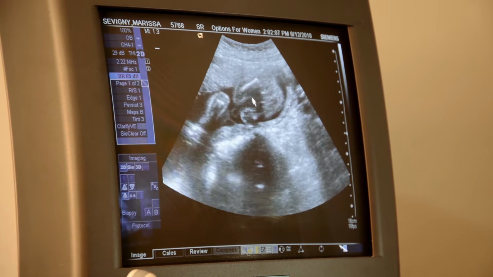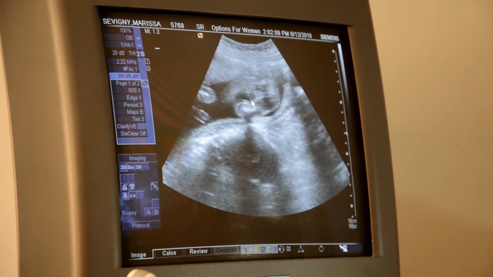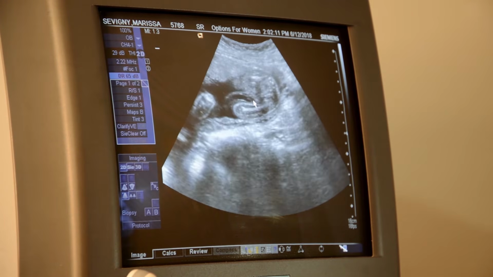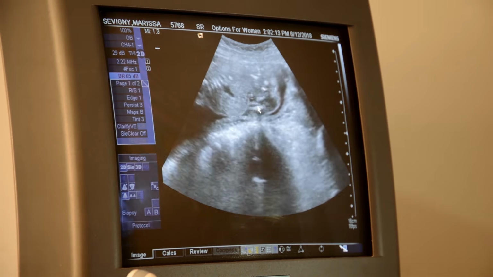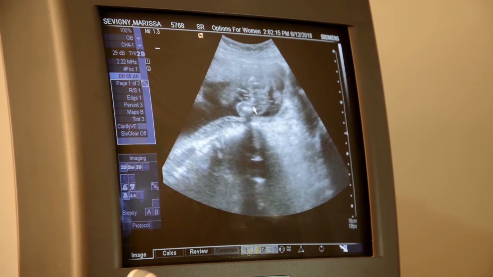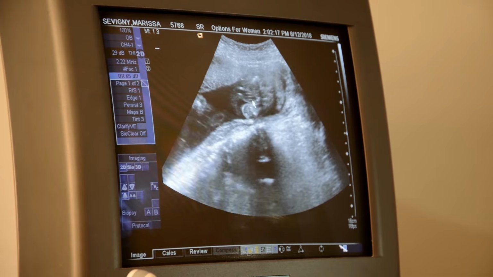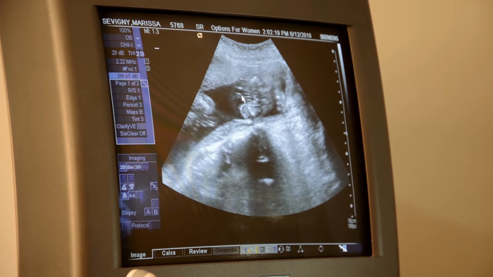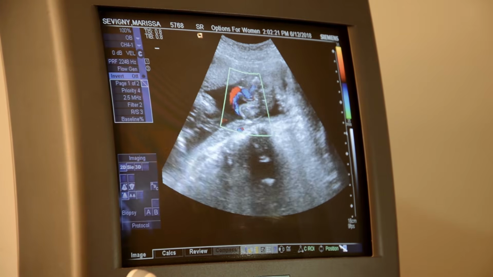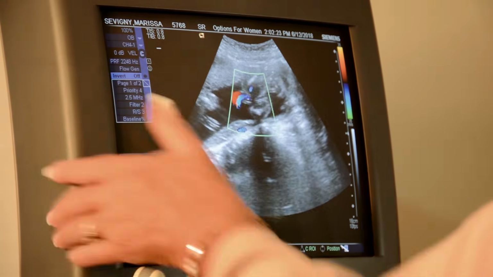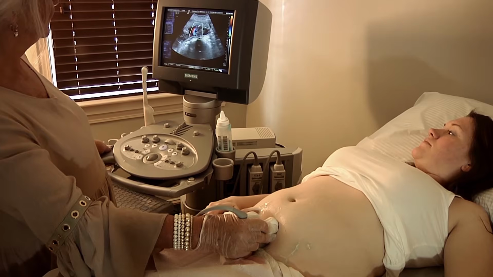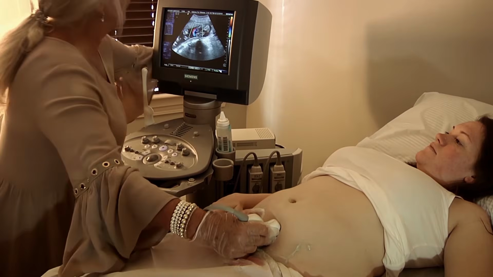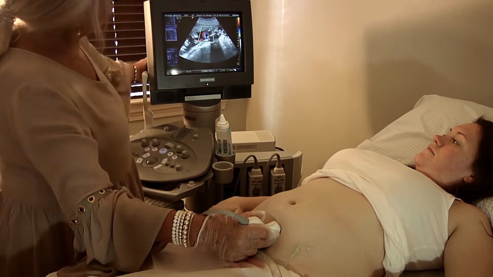This is 2 legs. This is where we look for the baby parts. And if you ever question, if you're looking at cord, you can put color on, and the vessel will light up. So that is not a penis. That's a cord.